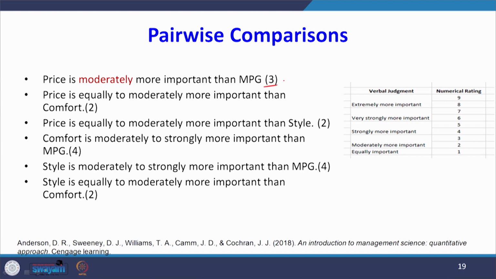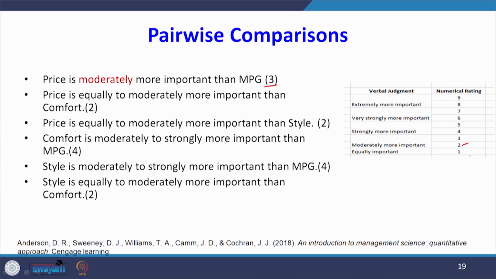So, if in case the price is equally to moderately more important, okay. Now, we are jumping from equally to moderately more important, then the numerical scale should be 2. Suppose the price is equally to moderately more important than style, okay.